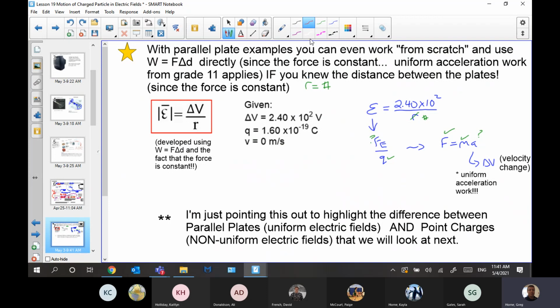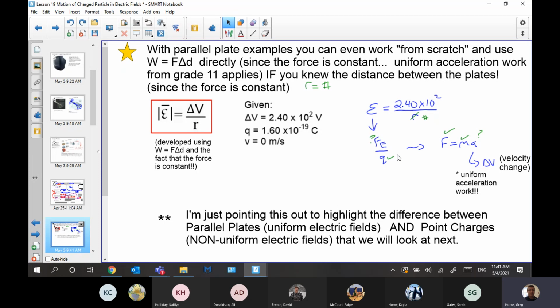Just a reminder here, you can just work from scratch if you want as well. I'm not going to do it here because you need more information, but we could work from scratch since the force is constant. So if we had the distance between the plates, which we don't, so I can't actually do this. But if I did have it, then I'd be able to figure out the force per charge that would be on it. So this voltage divided by the distance would give me force per charge.